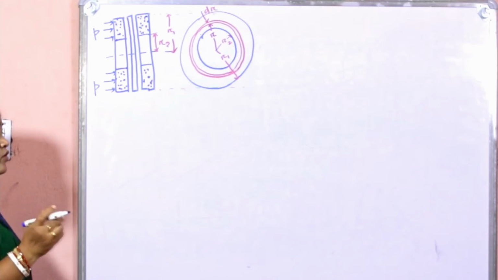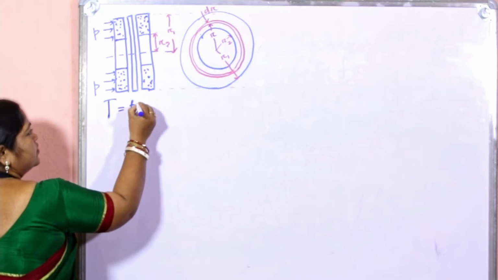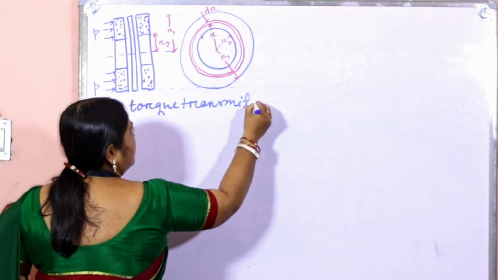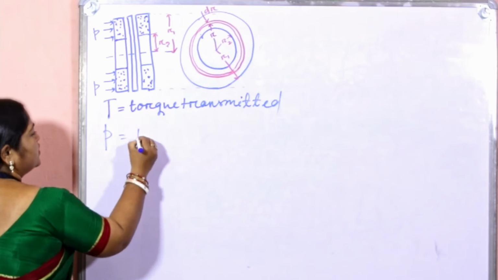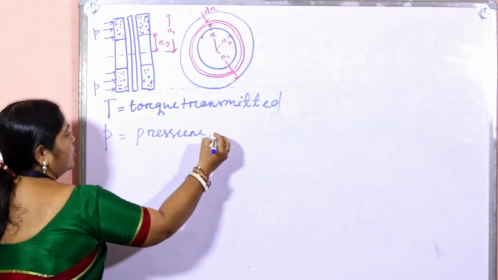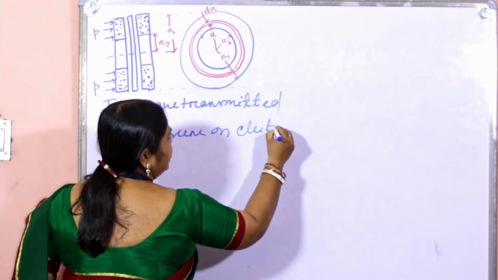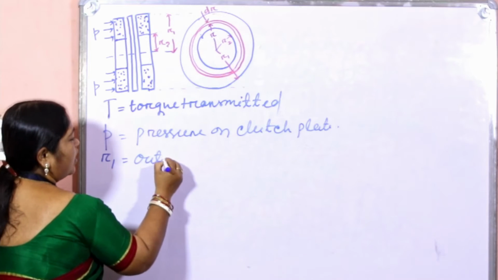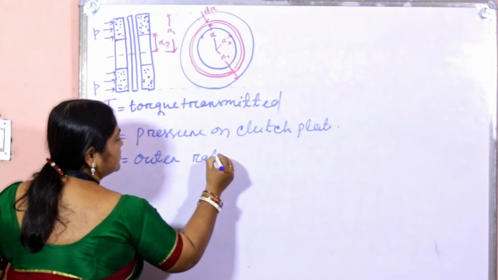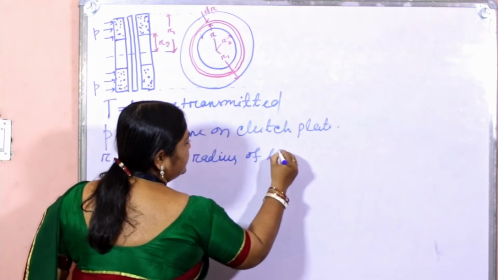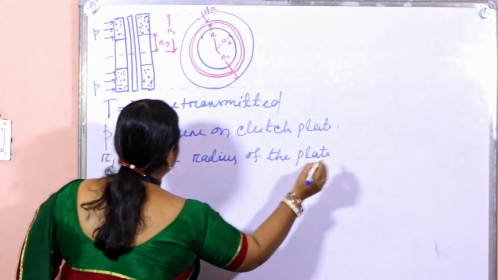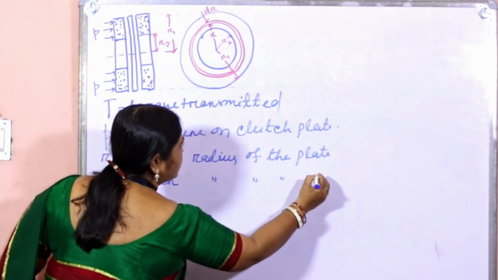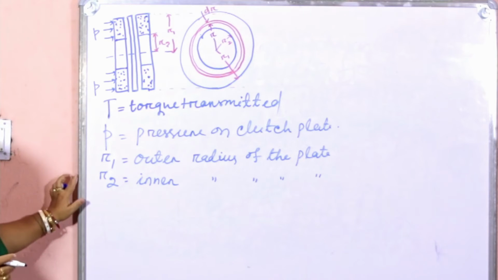I am describing the other nomenclatures: T is equal to torque transmitted, P is equal to pressure on clutch plate, R1 is equal to outer radius of the plate, R2 is equal to inner radius of the plate.